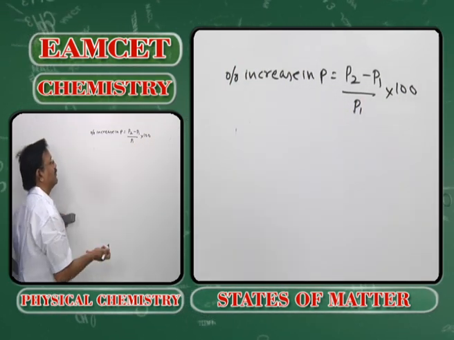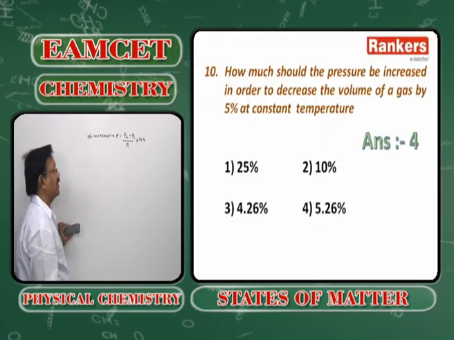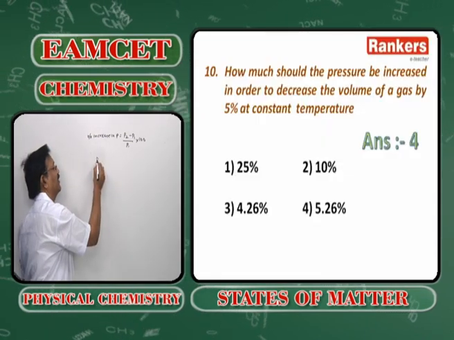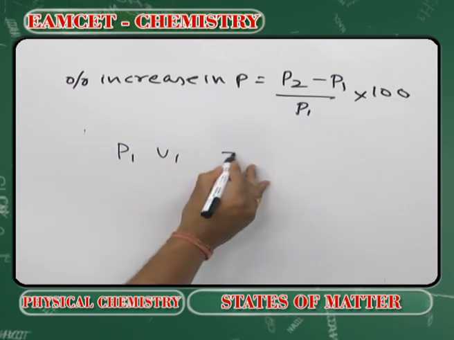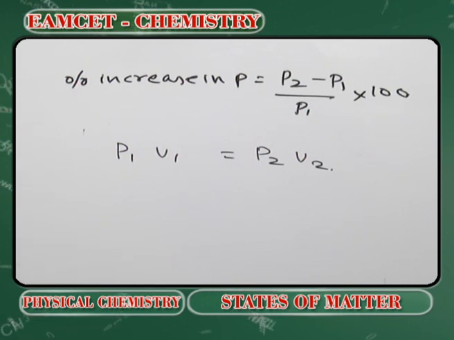At constant temperature, we can apply Boyle's law. P1 V1 is equal to P2 V2.